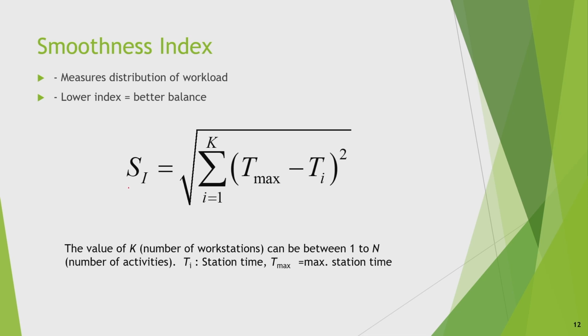The smoothness index, indicated by SI, is basically a type of standard deviation. So SI is the square root of the sum for i equal to 1 to k, where k is the number of workstations, of (T maximum, the maximum station time, minus Ti, the station time of the individual one) whole squared. Naturally, if the time in each station is equal, this will come out to be 0.